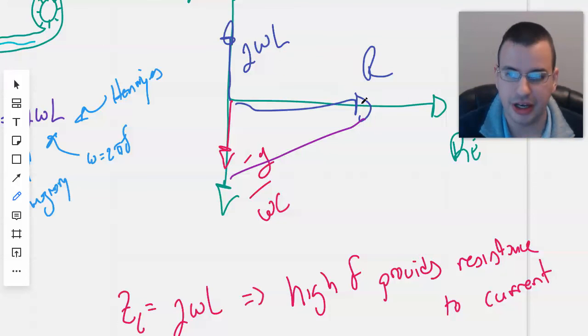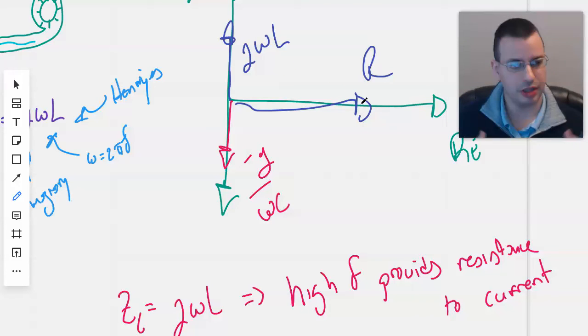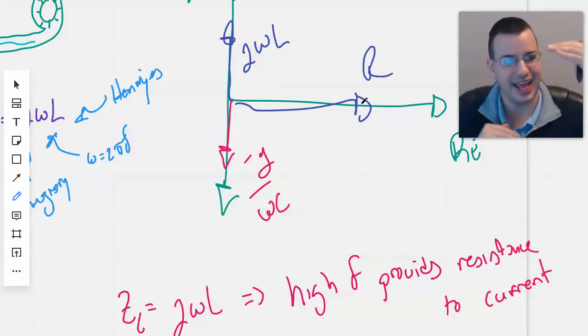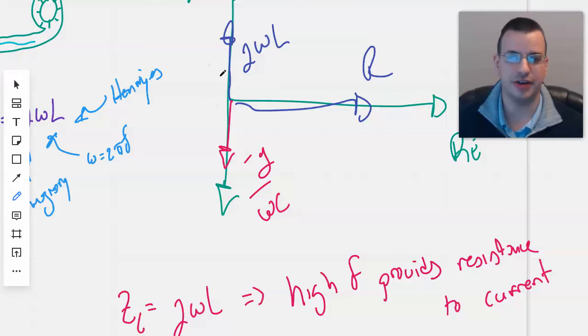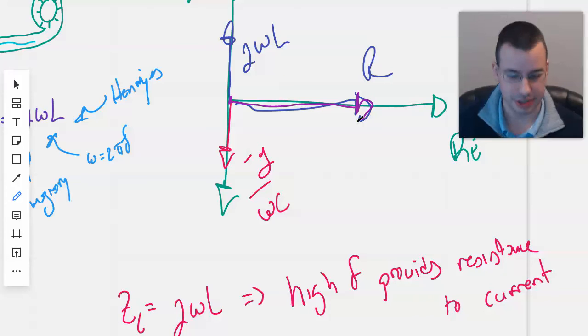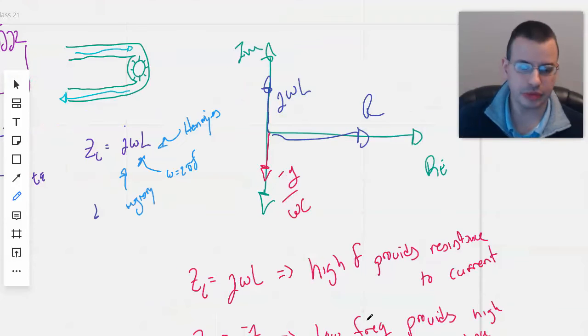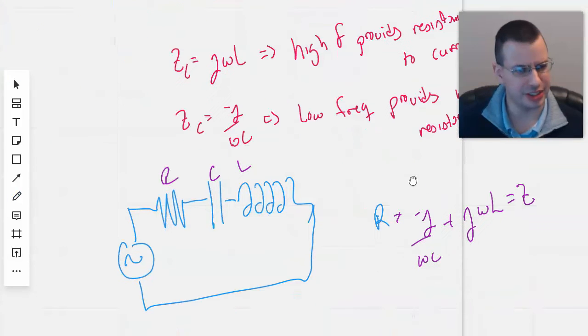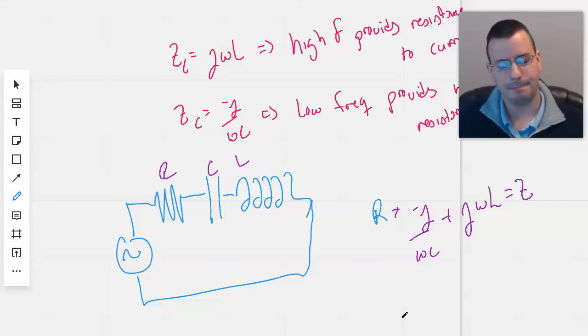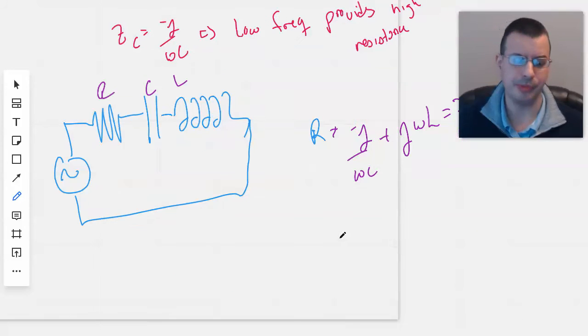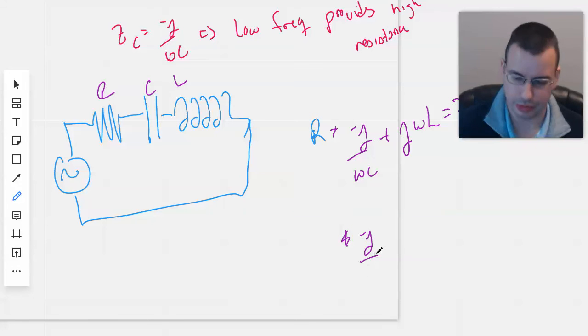But if j omega L and negative j over omega C cancel out exactly, if you add these two vectors together so you get 0, you get your minimum resistance, which would just be the resistor. This is referred to as like a resonant frequency.